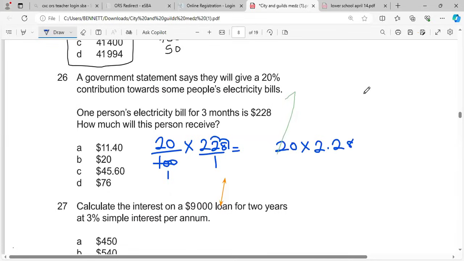As I was showing the other group, we could split it and say 10 times 2, because when we multiply by 10, we just move the decimal place 1 time. So that will be 22.8, and then we multiply 22.8 by 2. Because remember, we won't have a calculator. And of course, that will give us 45.60.